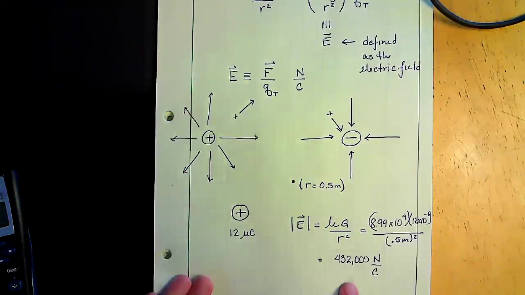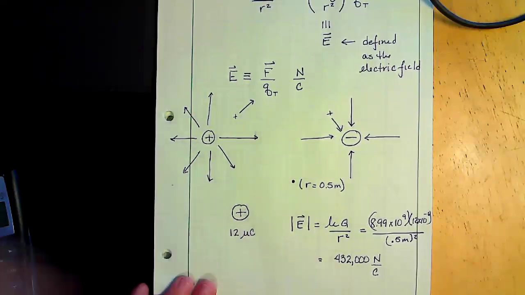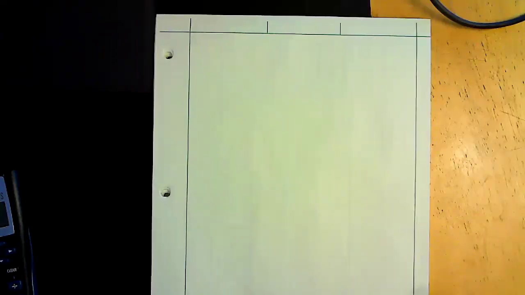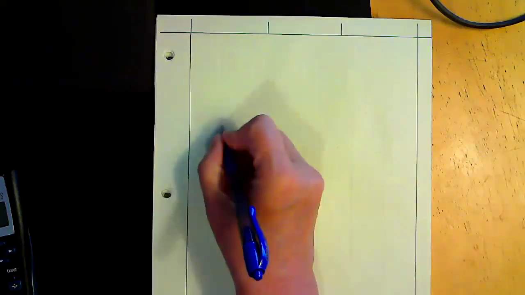But this gives us an interesting idea, because now we can look at charge distributions a little differently. Just like what we did with our forces, we can look at a charge here.